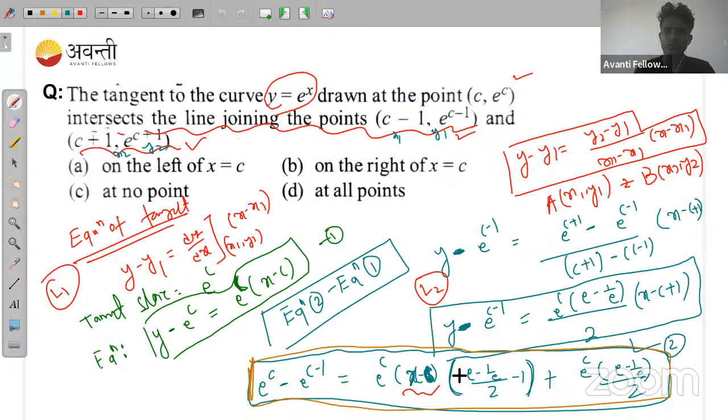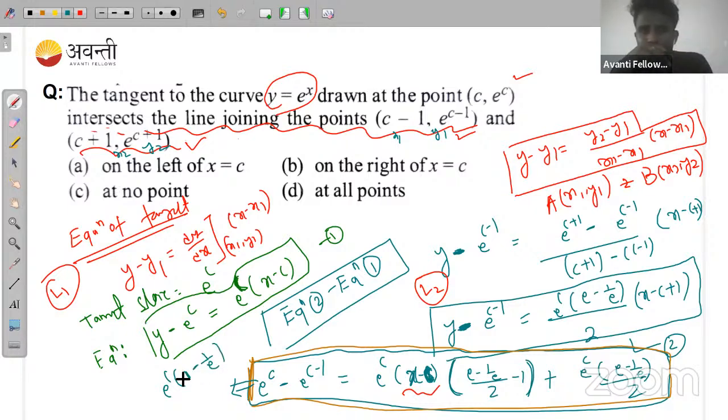See, if you manipulate further, you can take this to this side, right? You can write it further. If you take e to the power c common, this will come: 1 minus 1 by e.